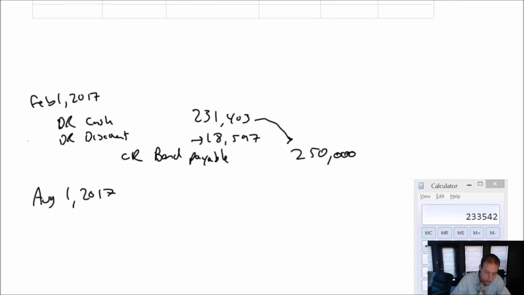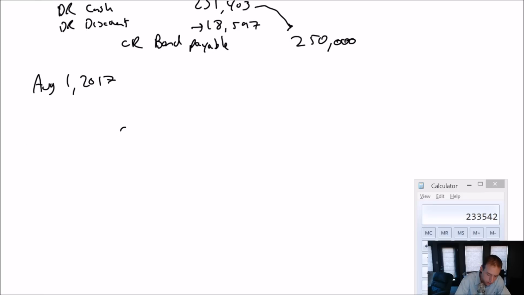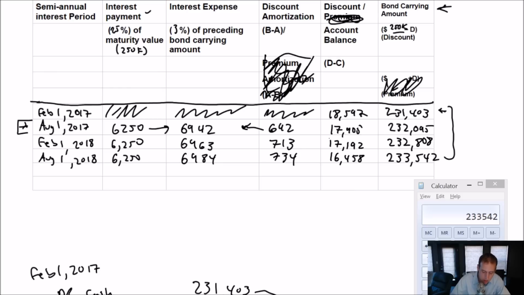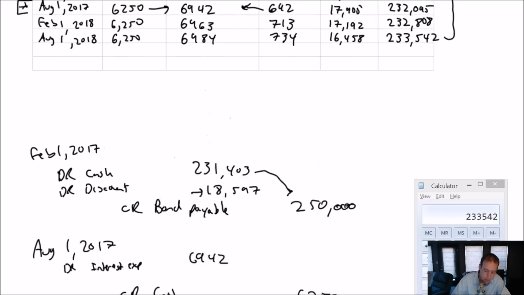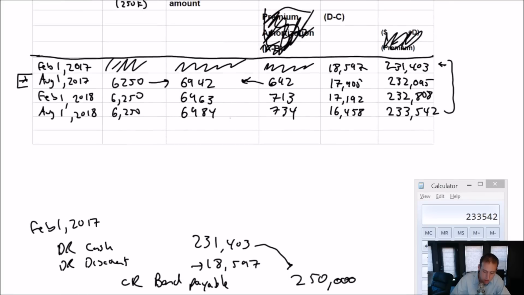Credit cash for $6250. It says the interest expense is $6942, so debit interest expense $6942, and it says the discount amortization is $692.